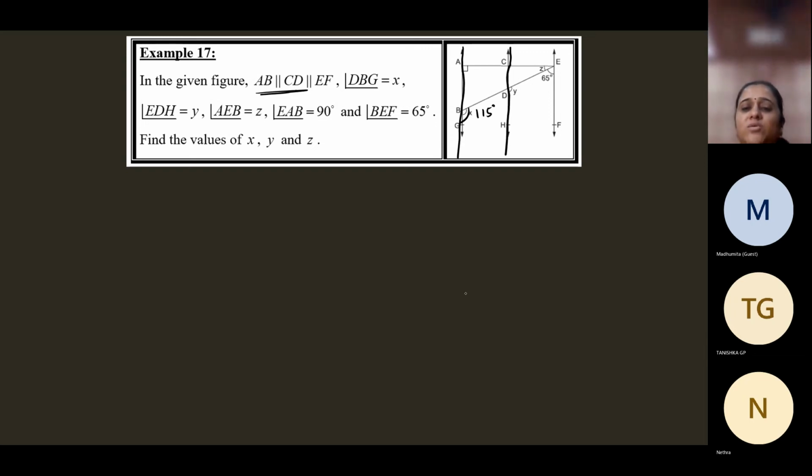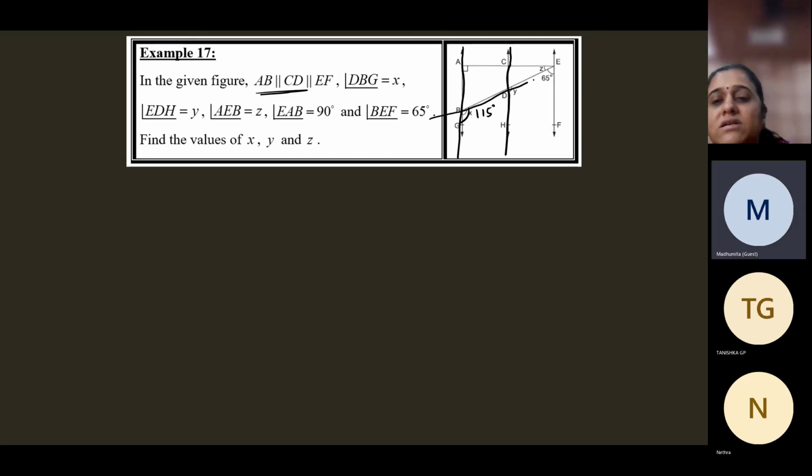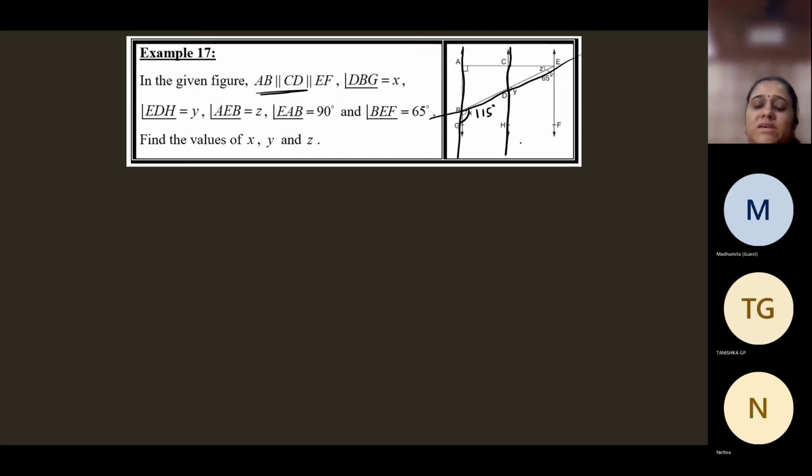So AB is parallel to CD or AG is parallel to CH, and which is a transversal? BD or BE is a transversal. So Y and 115 are corresponding angles, from the transversal till the parallel line.